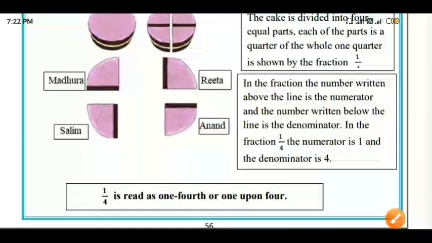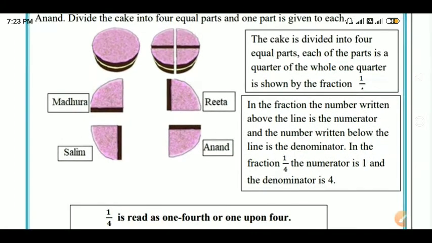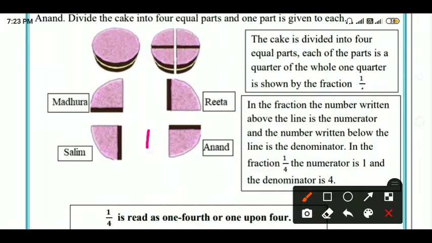In a fraction, the number written above the line is the numerator. 1/4 is the fraction, and 1 is the numerator.